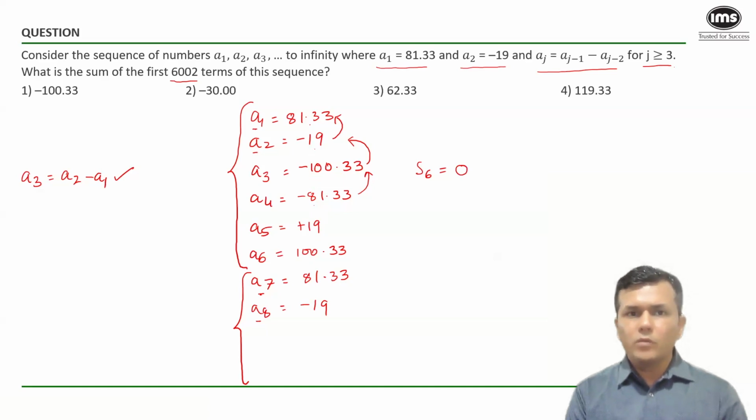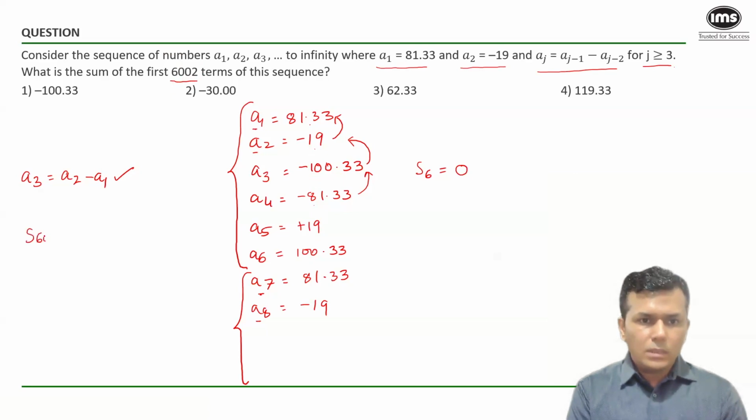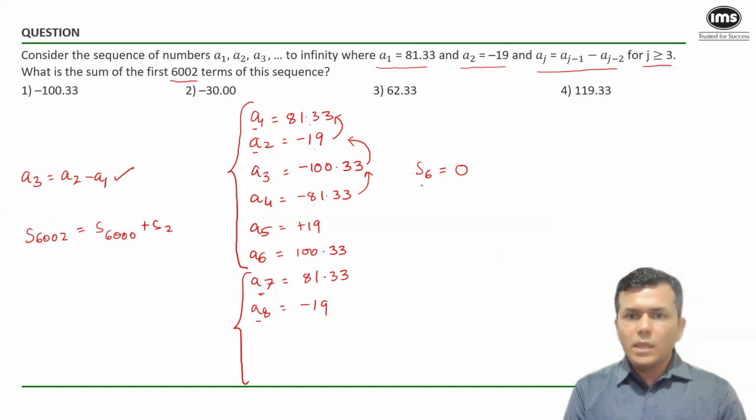Now, this is very important information for us because that helps us to get the summation of 6,002 terms. So I want to find out S of 6,002. Can we say that it is equal to the summation of 6,000 terms plus the summation of the next two terms? We have seen that the summation of any 6 consecutive terms is 0.